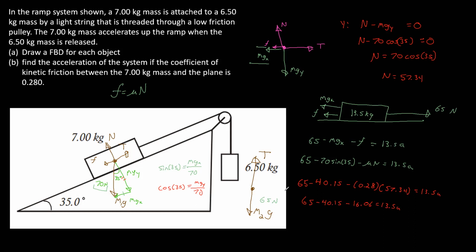If I subtract all that stuff on the left, I get 8.79 equals 13.5a. And if I divide both sides by 13.5, I get an acceleration of 0.65 meters per second squared. If you can do that problem, you can do any problem in this unit. It has everything.